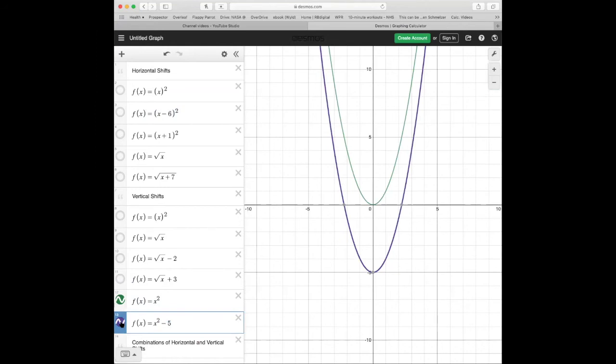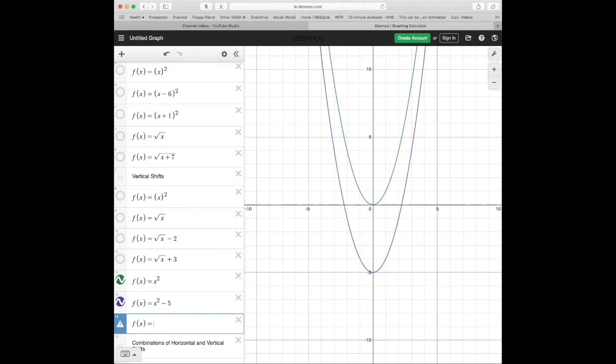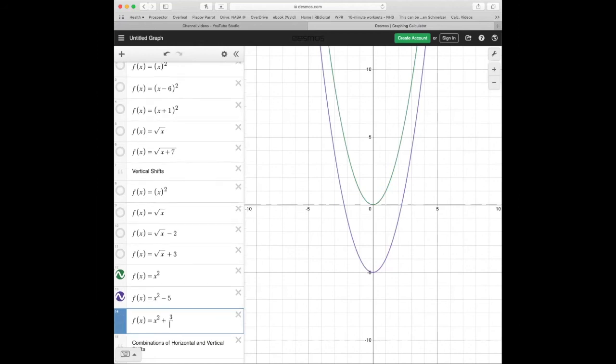Now let's take a look. Yep, we sure took that green graph and moved it down 1, 2, 3, 4, 5 to do x squared minus 5. All right, now what do you think would happen if we did x squared plus 3 halves? Oh man, we've got a fraction in there, don't worry about it.